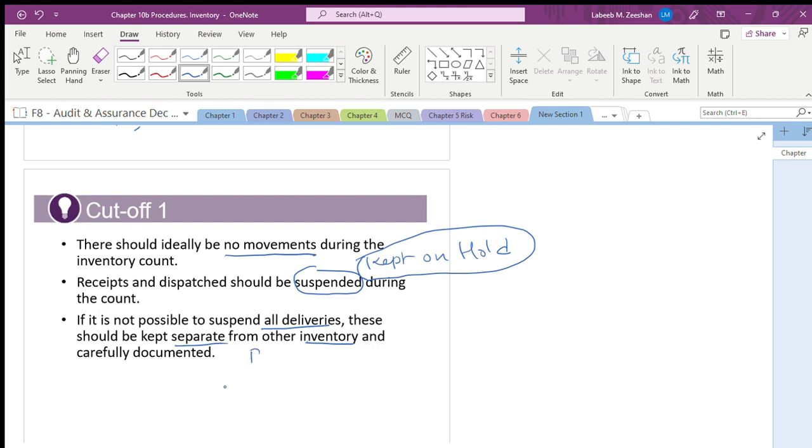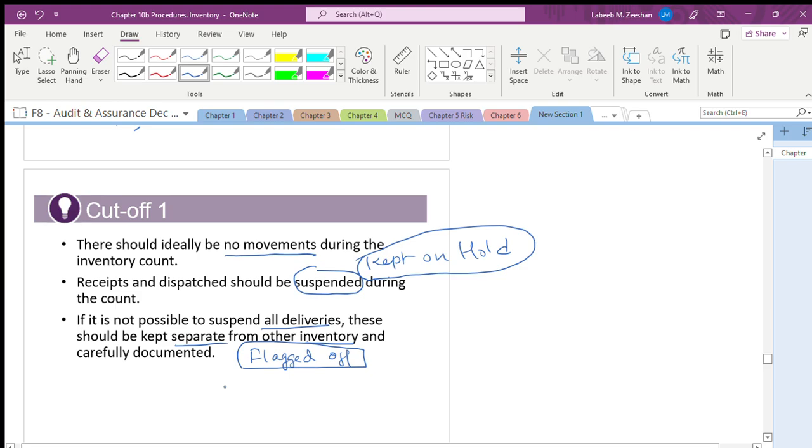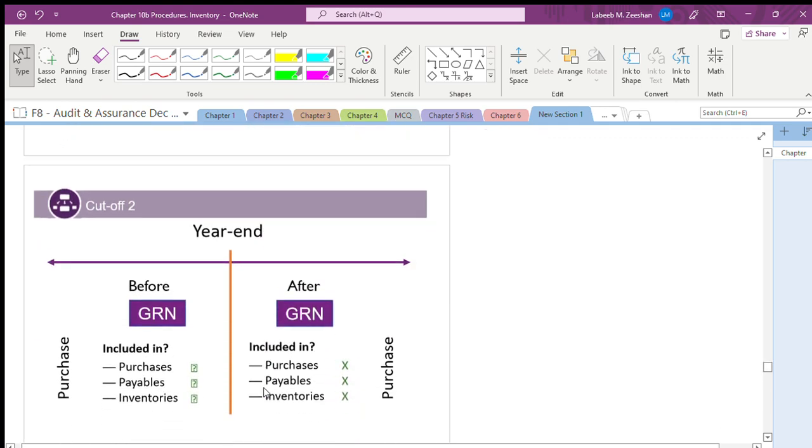That's what it says. What we are doing is flagging that inventory, that this inventory is counted or this inventory is not counted, so that we can identify it. That's what it says.